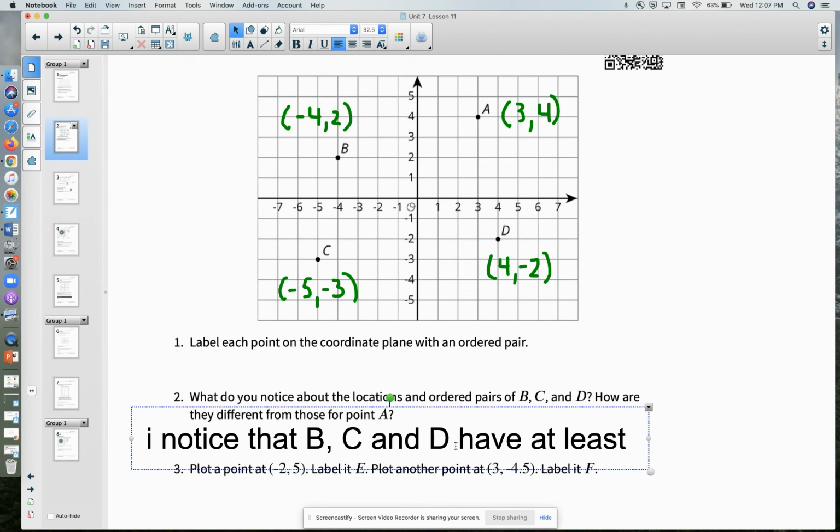Have at least one negative number. A doesn't. A both have positive numbers.